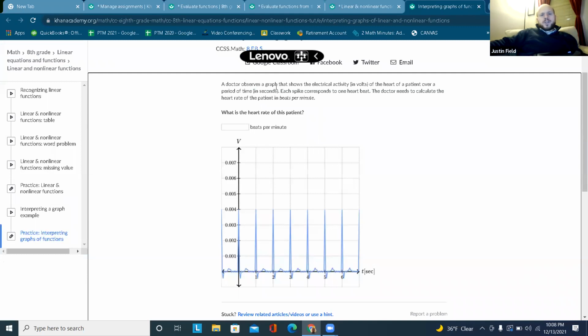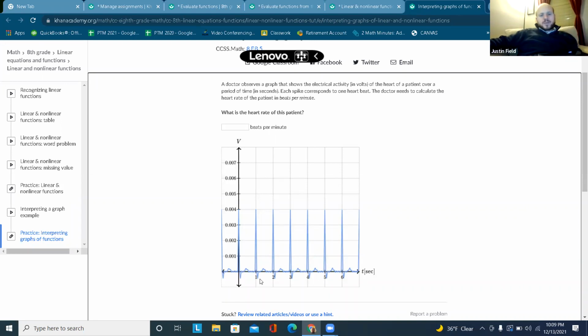A doctor observes a graph that shows the electrical activity in volts of the heart of a patient over a period of time in seconds. Each spike corresponds to 1 heartbeat. The doctor needs to calculate the heart rate of the patient in beats per minute. What is the heart rate of this patient?